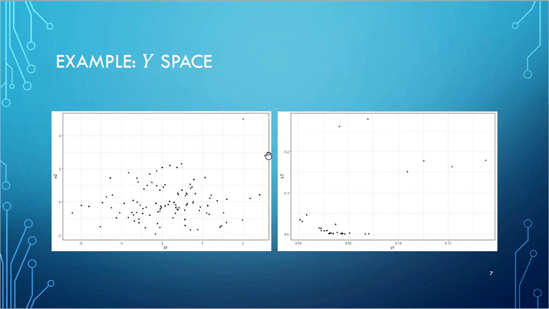So here's an example. This is our X space, a 2D X space with one artificial outlier there. This is our Y space. For every point, it will take some number of neighbors, maybe 10 or maybe 5 or so.